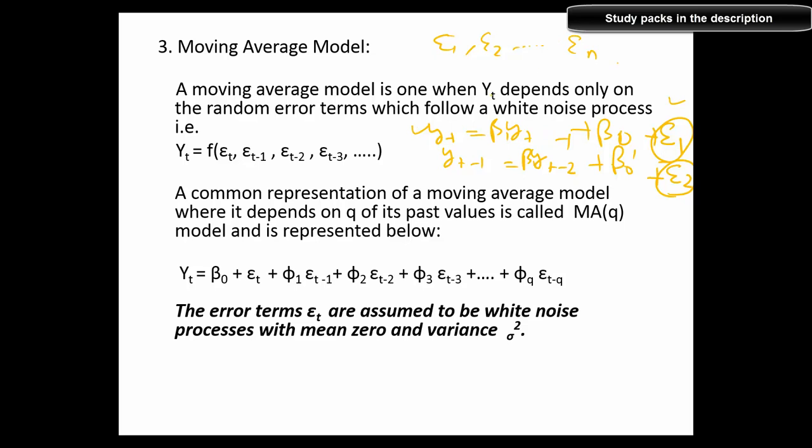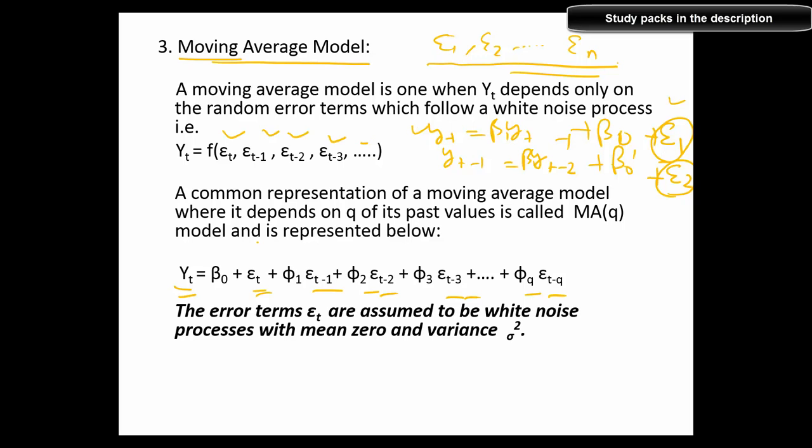Now instead of using past values, you can actually use these error terms for forecasting. This was one of the proposals, that instead of using the past values like in the AR case, in the moving average case, you use only the error terms for forecasting. The representation is the same, so we have replaced the past values of y with the error terms.